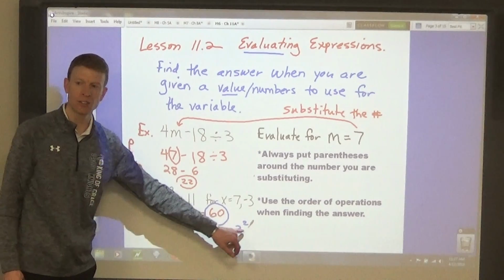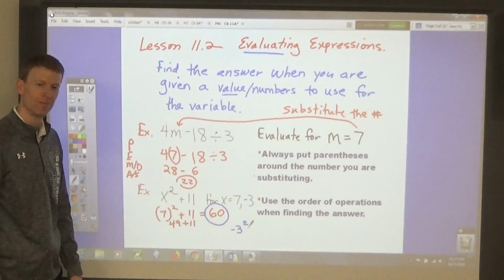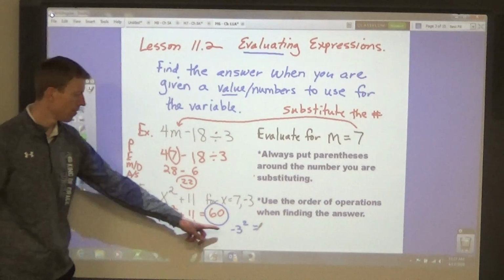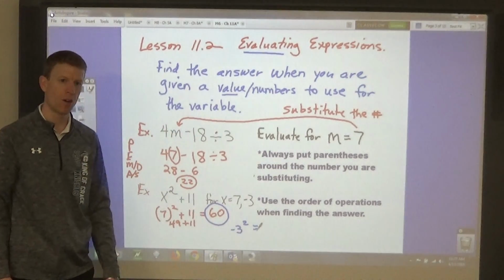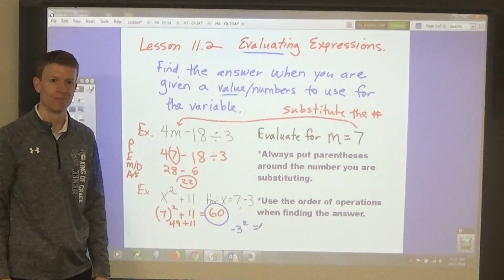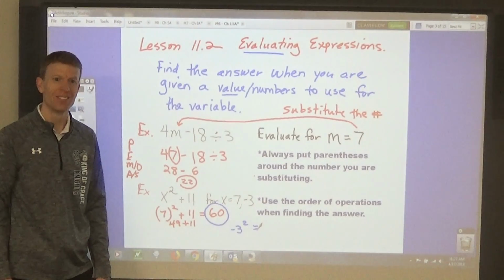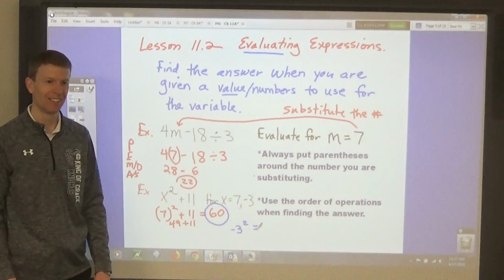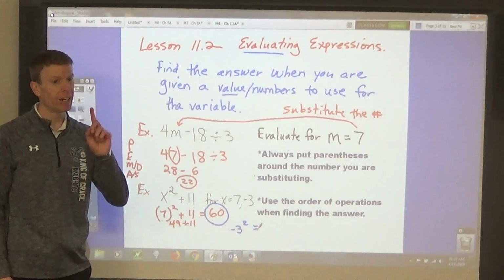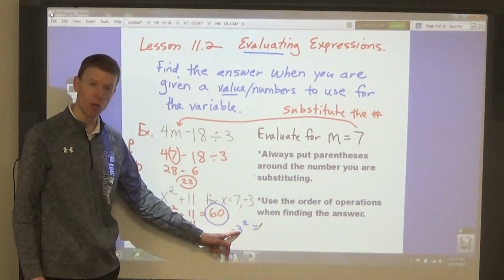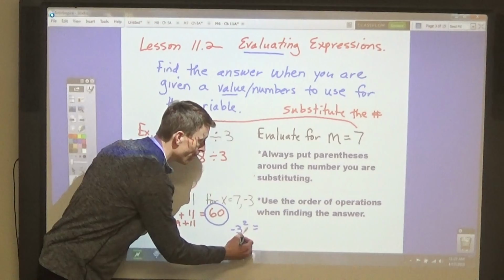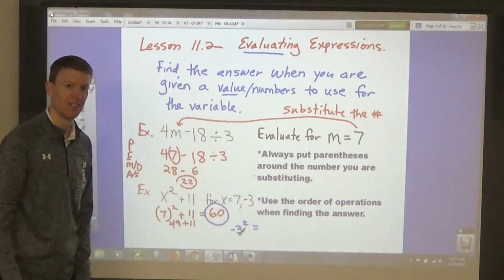No. So what is negative 3 squared without parentheses? It should be 9, but it's not, because there are no parentheses. What's 3 squared?